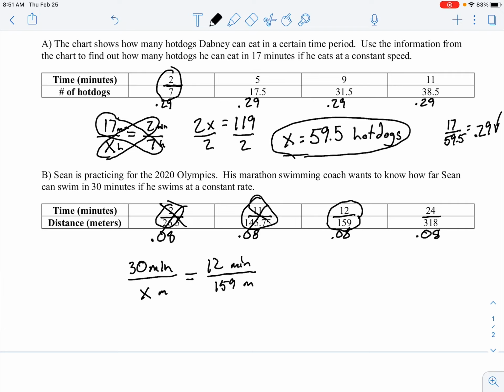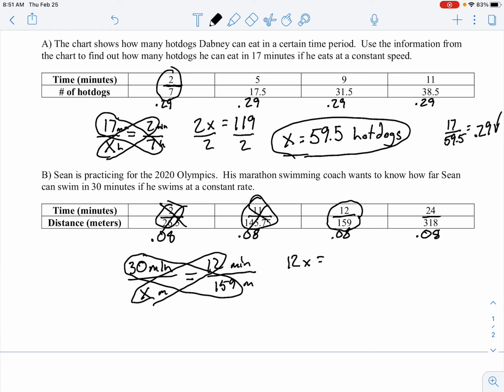And then once again from here, this is all just butterfly method stuff. So 12x is equal to 30 over 159. Oh, whoops, excuse me. I'm supposed to multiply those, I'm sorry.